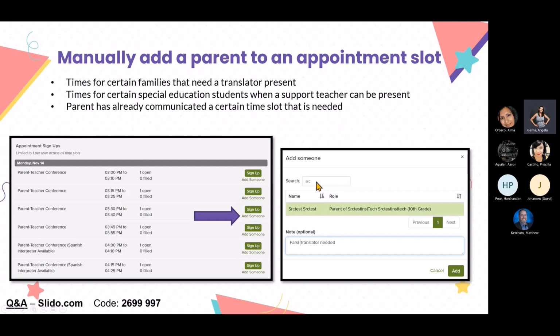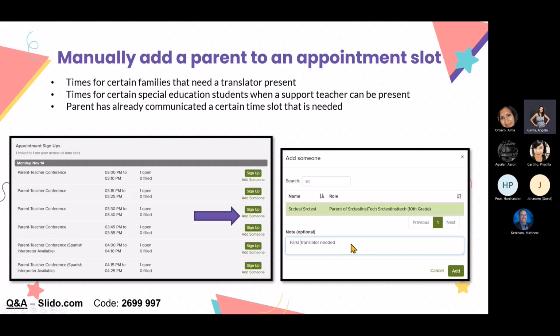You can search for a specific name using this field here, which will make it a lot easier and faster. And then once you get the result and see the parent that you'd like to sign up, you can just click on them so that it's highlighted in green, and you have the option of adding notes.